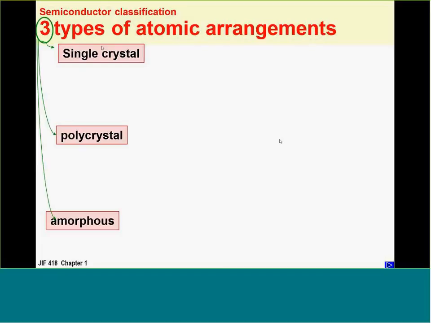Basically, single crystal means one crystal, polycrystal, many crystals, and amorphous. For single crystal, the periodic structure, if you look here, is repeatable from a single unit, and then it repeats many times, so it's periodic.